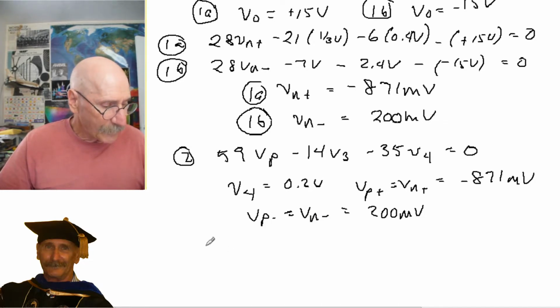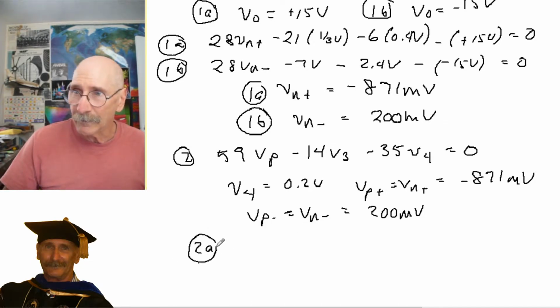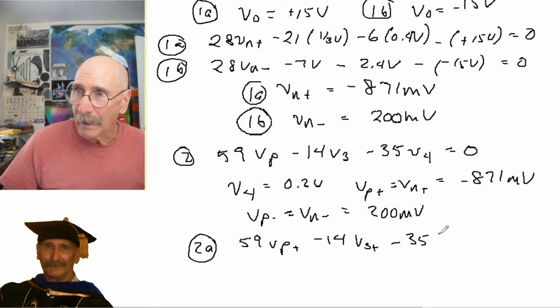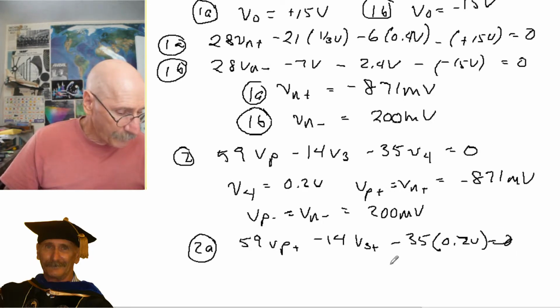So let's start with 2A. This is where we go 59 V sub p plus minus 14 V3 plus minus 35 times 0.2 volts is 0.